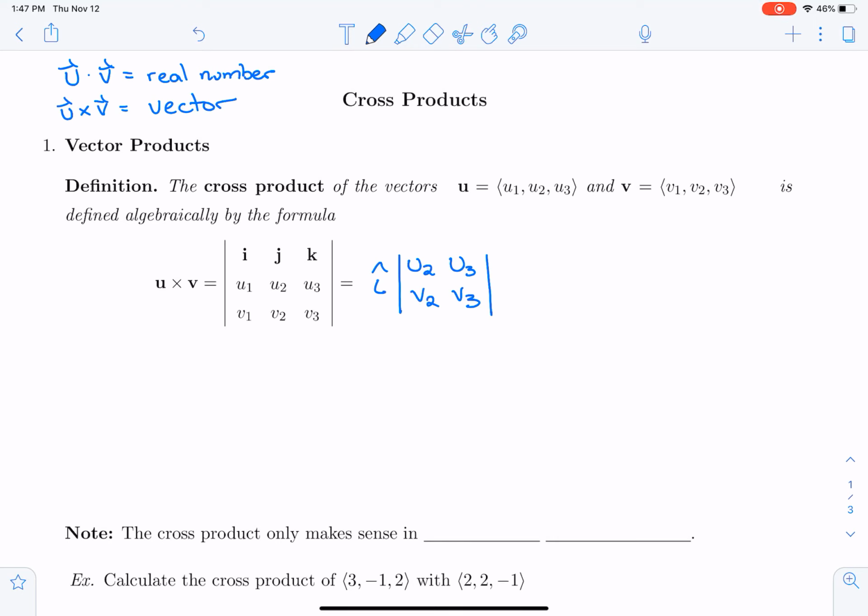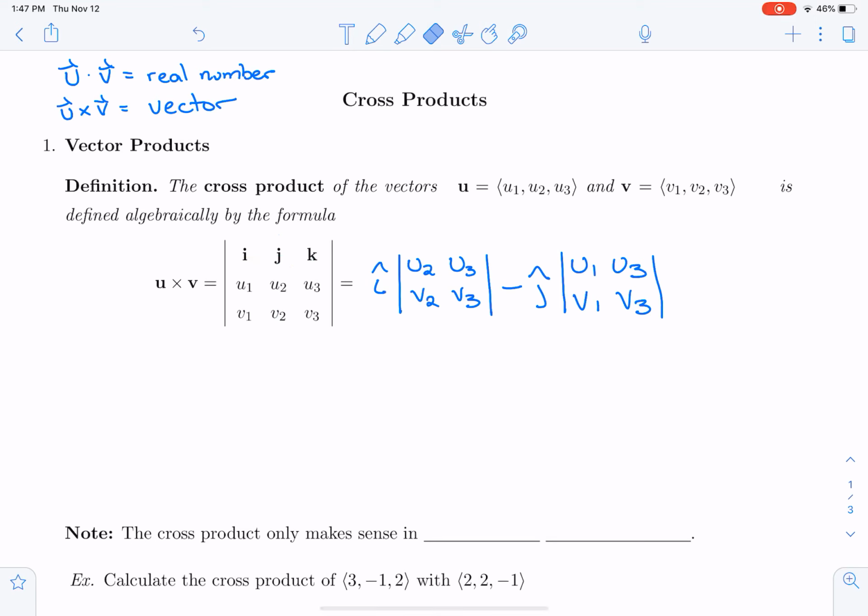Okay, the next one is going to be minus j. So I'm now going to look at the second element of that row. I am going to put a minus sign in front of it. And then I'm going to cross out that row and cross out that column. And then I'm going to multiply it by the 2 by 2 determinant of the leftover matrix. Okay, so that's moving across the row.